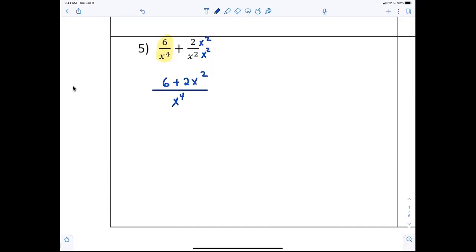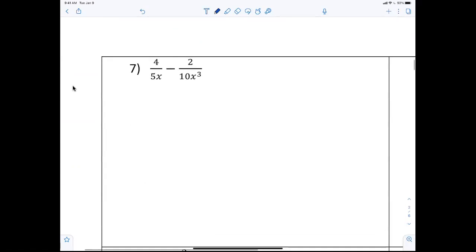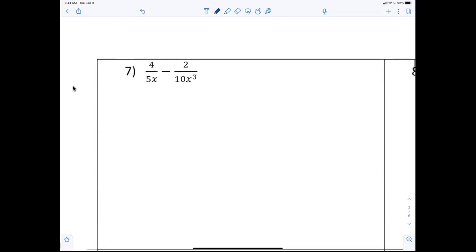All right, here we go. Let's try number 7 now. Those guys who paid attention, 8x cubed minus 2. Hold up, please. I want a common denominator, 10x cubed. Anybody have a problem with 10x cubed? No. So what am I multiplying the first fraction by? 2x squared, right?